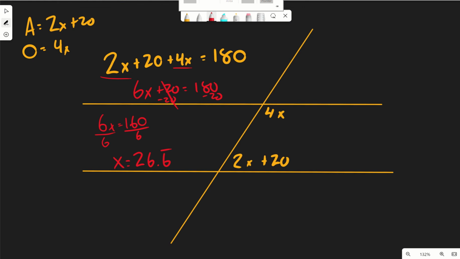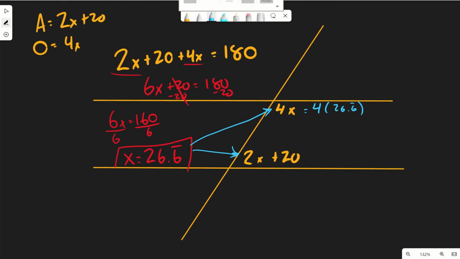Now, to find my measures, I'm going to take my x and plug it into both of my angles, my obtuse and my acute. So 4 times 26.6 equals 106.6. So my obtuse angle is roughly 106.6.